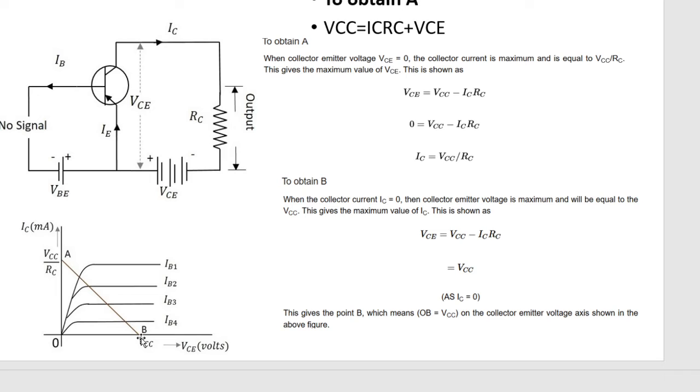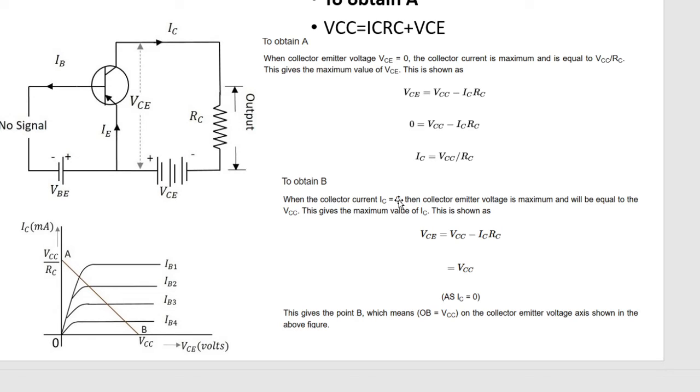The point B can be obtained by assuming the transistor is in the cutoff region. Cutoff means both the emitter-base and the collector-base junctions are reverse biased. The transistor will not be conducting and IC will be 0.